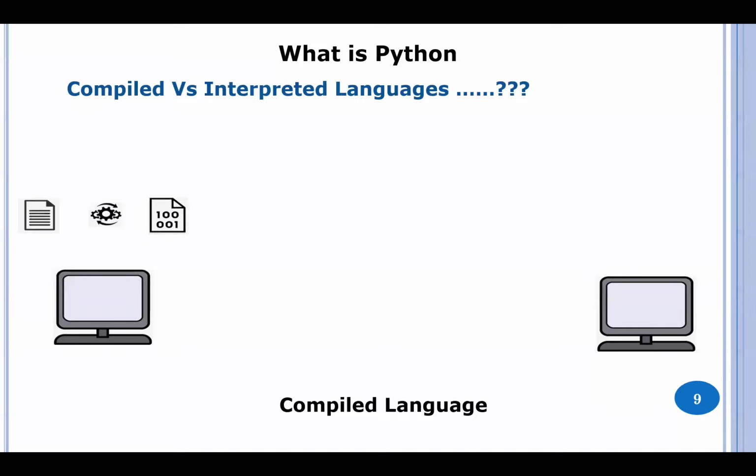Binary file means machine language file. And that machine language file हम लोग किसको भेज देते हैं? क्लाइंट को भेज देते हैं. क्लाइंट विल उसको डायरेक्टली क्या करेगा? रन करेगा और हैप्पी हैप्पी हो जाएगा कि भैया काम हो गया.